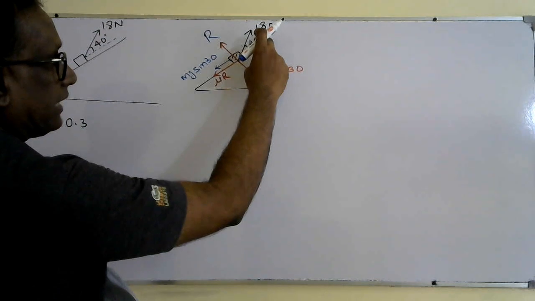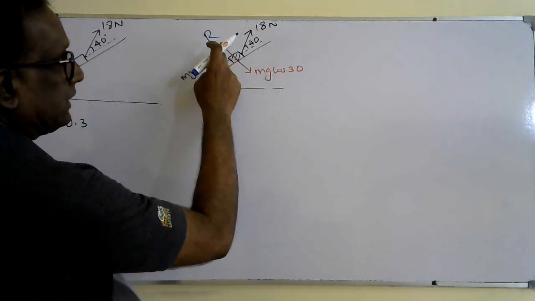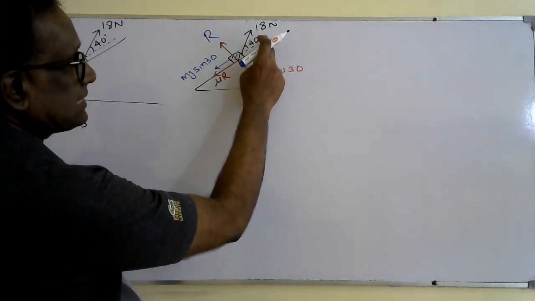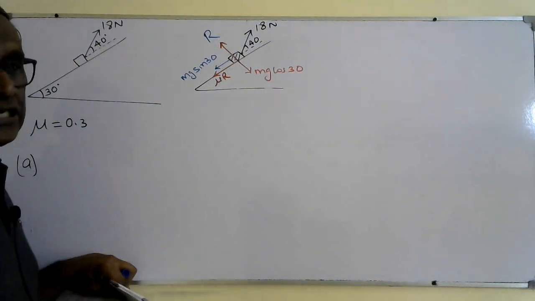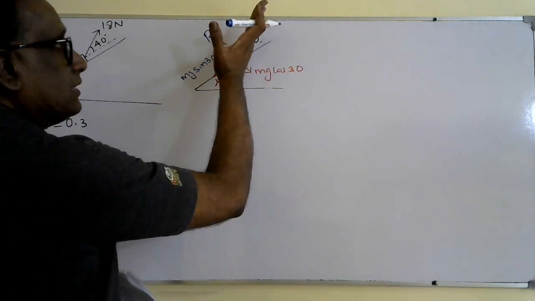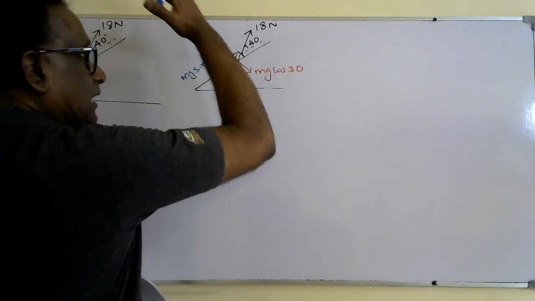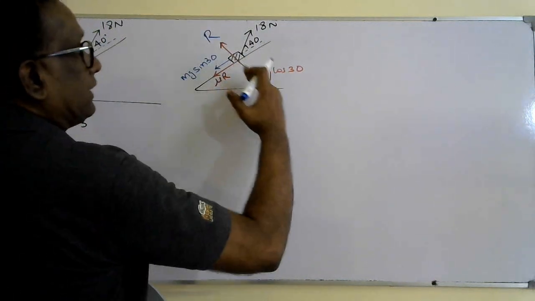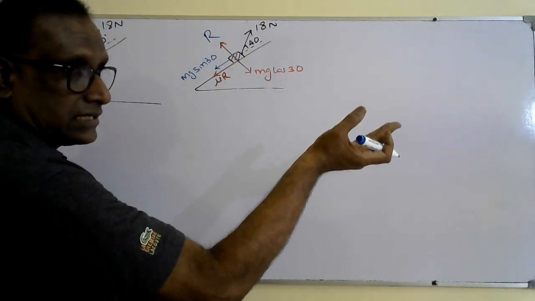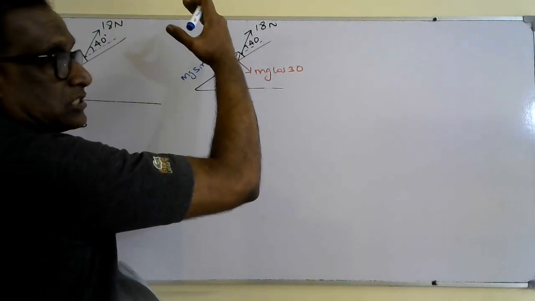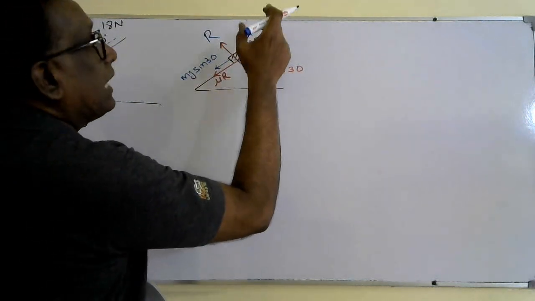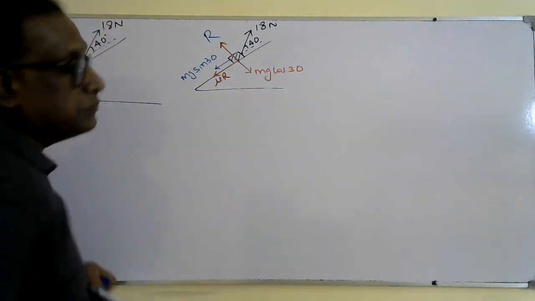If this force is not there, R equals mg cos 30, but here R plus 18 sin 40 equals mg cos 30. Because when I resolve this 18 along this direction, there will be a component. In this direction there is no acceleration, which means the resultant force must be 0. R plus 18 sin 40 equals mg cos 30.